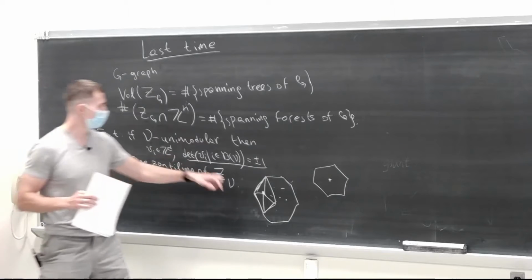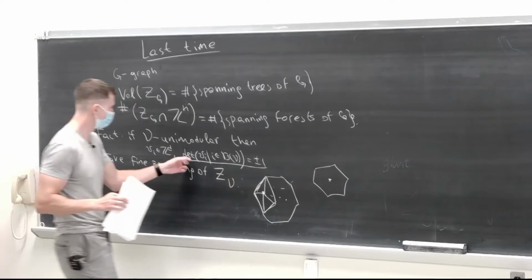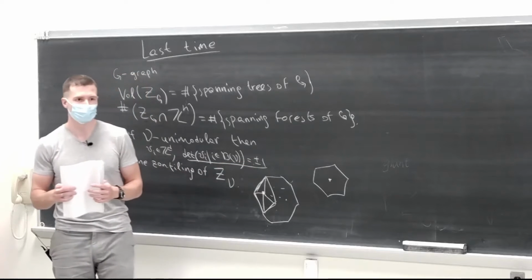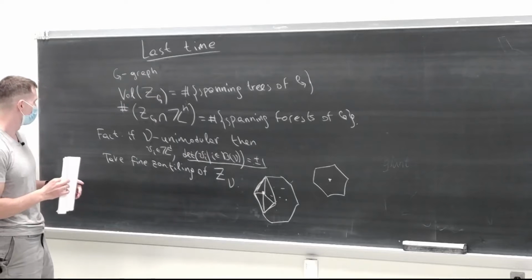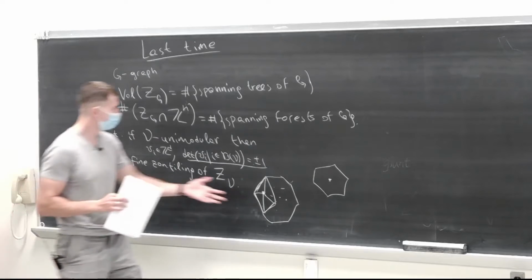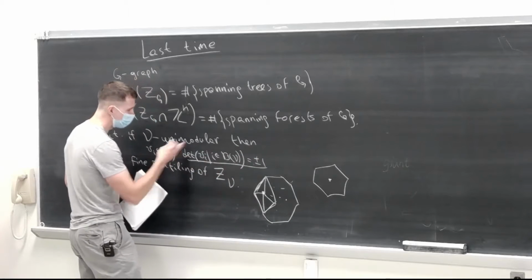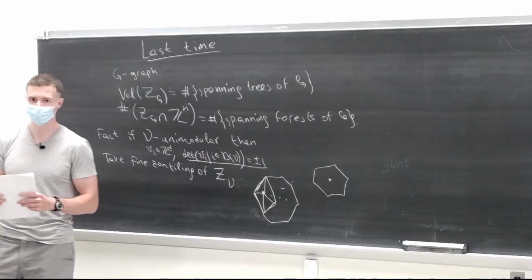So if there is a lattice point inside, then the volume of the corresponding parallelepiped is going to be bigger than plus or minus 1. I don't know if this makes things more confusing or less confusing, but the point is that once you know that the volumes are 1, any lattice parallelepiped with volume 1 cannot have lattice points.